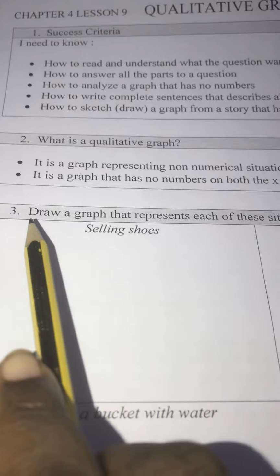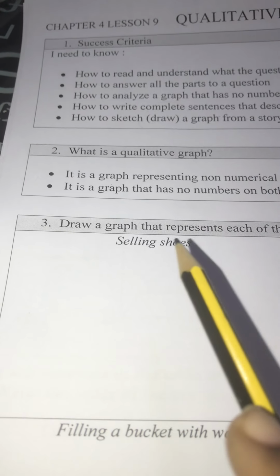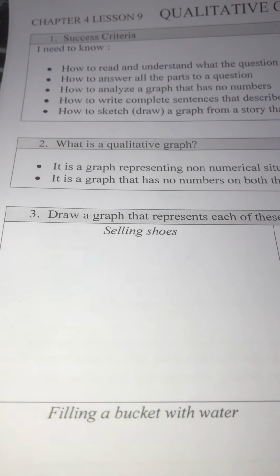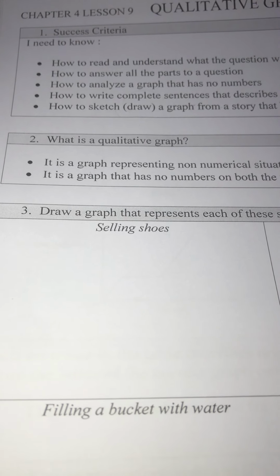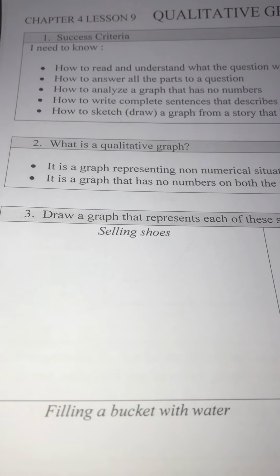Okay, so here is a question. Draw a graph that represents each of these situations and analyze the graph. So they're telling you to think of a scenario where you're selling shoes. So that means you're making money. That means there's a revenue. Okay, revenue means you're making money from sales. So you should know the word revenue.